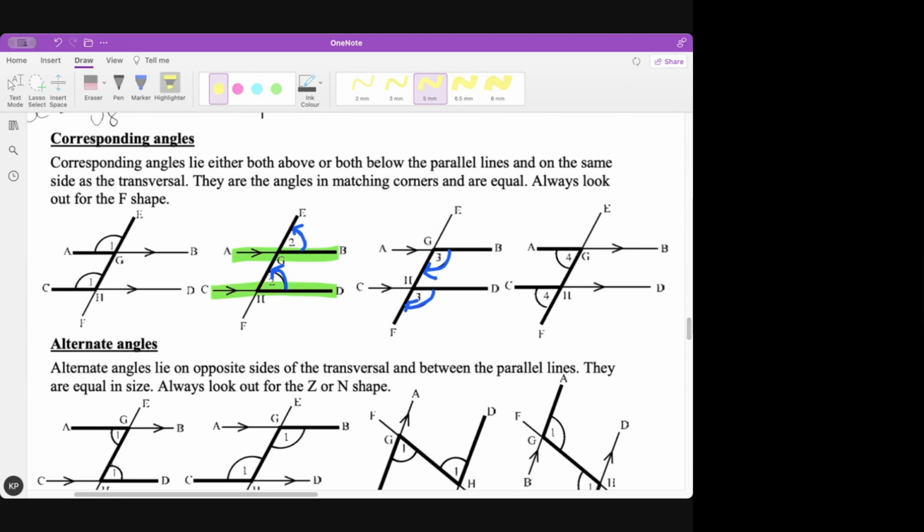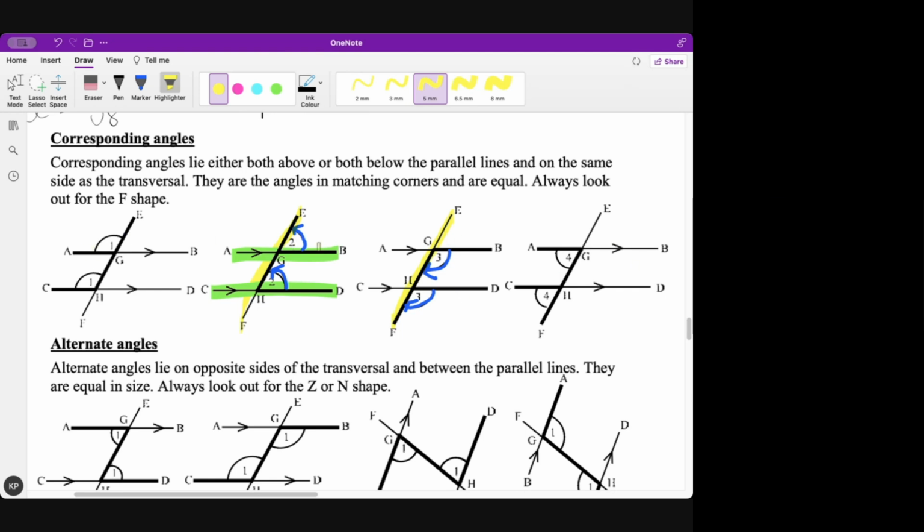What is the transversal? Let's see if anybody knows. Which one is the transversal? Anyone? The transversal is the line that crosses both of these parallel lines. So it's this one over here. So they're both on the right of the transversal, and they are both at the bottom of the parallel lines.